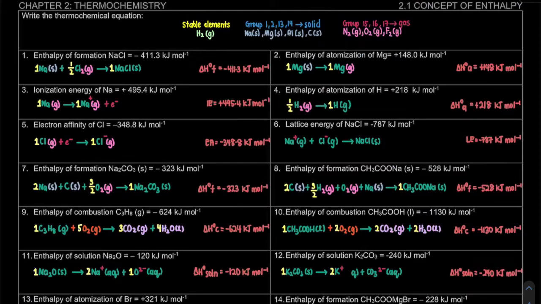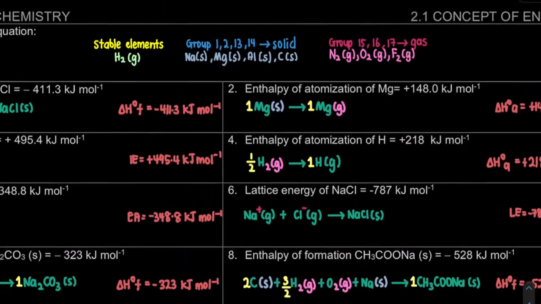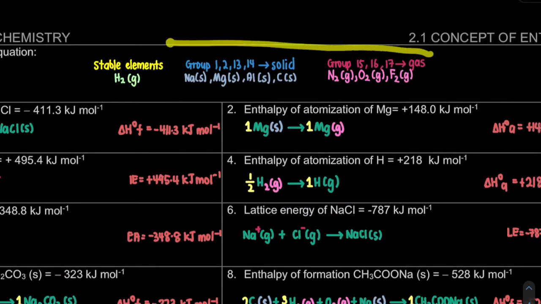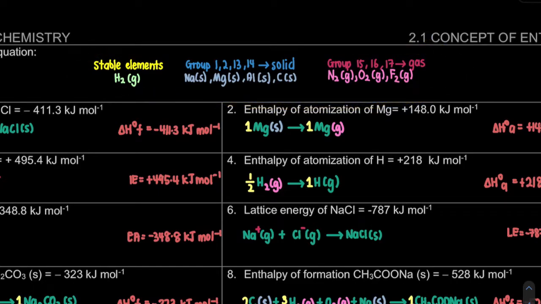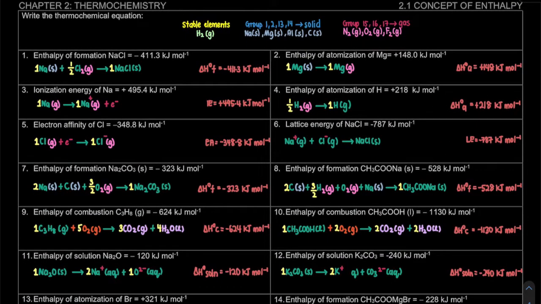For the equation, I believe the struggling part is actually the enthalpy of formation, to know what the stable element is. So again, it is important for you to know what the stable element is for your atom, especially when you do the Born-Haber cycle and the equation of enthalpy of formation. Please focus on this part. Okay, so that's for chapter 2.1.